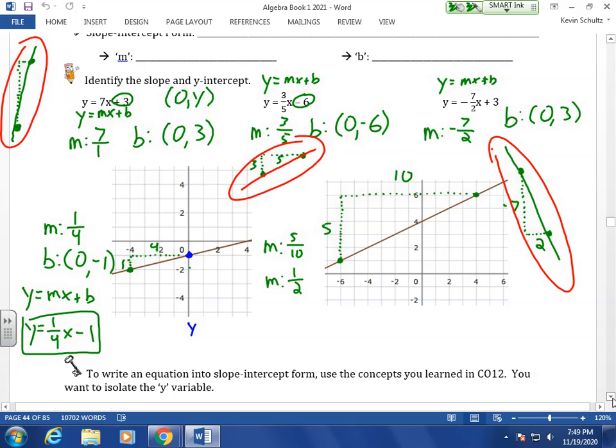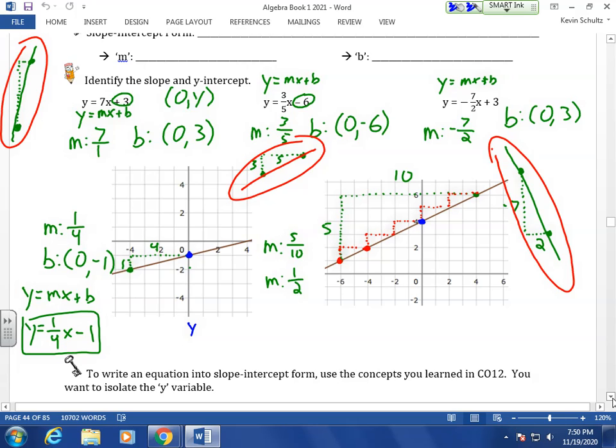And like we talked about yesterday, we can do that because if I start here and go up 1 over 2, I'm back on the line again. Up 1 over 2, up 1 over 2, and so on. And then where's it cross the y-axis? I'm going to put a little blue dot where it crosses the y-axis.